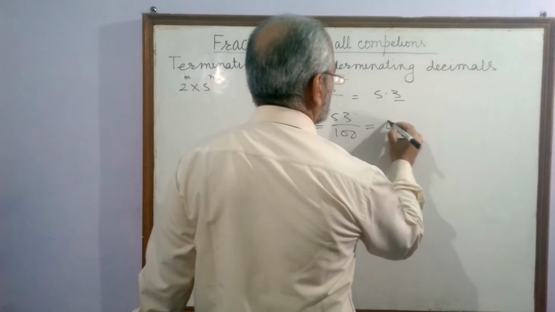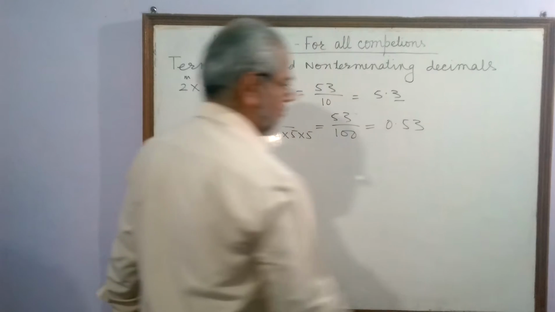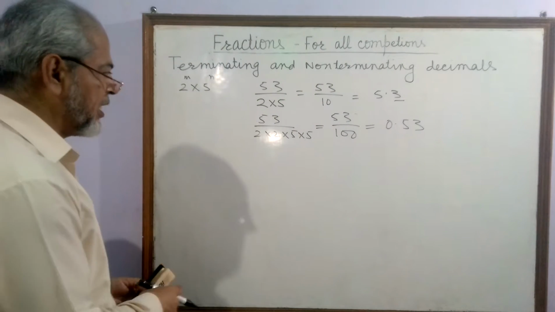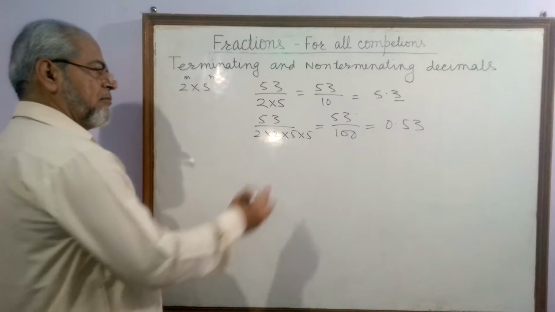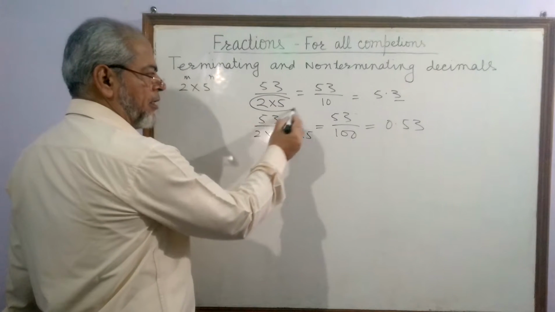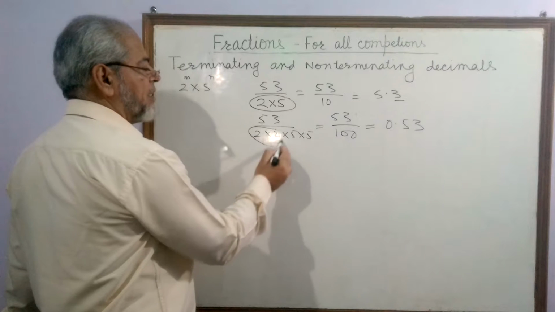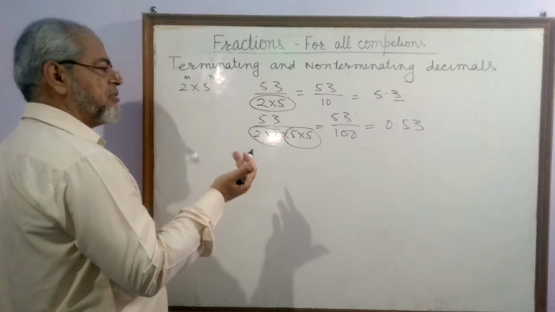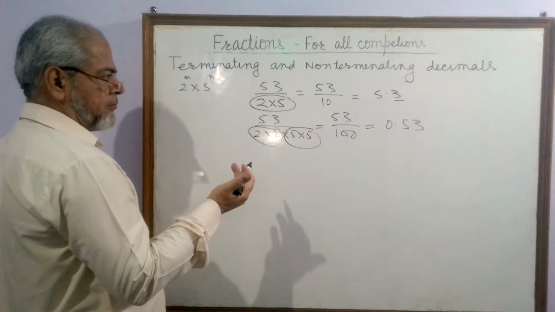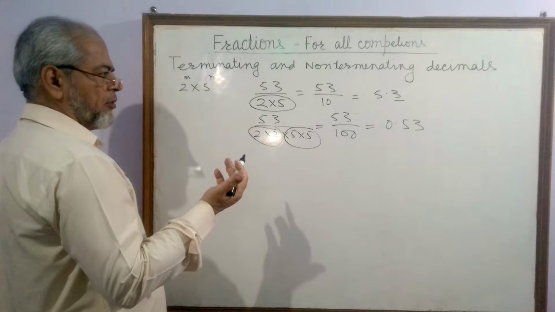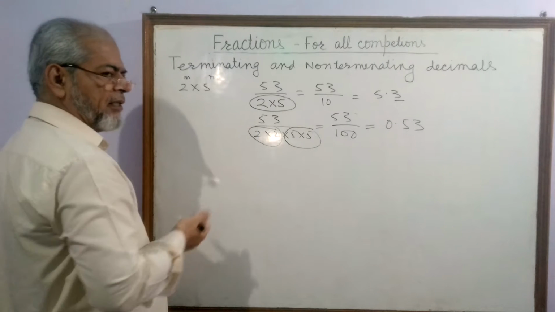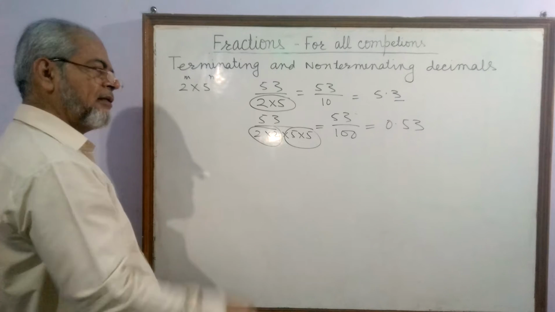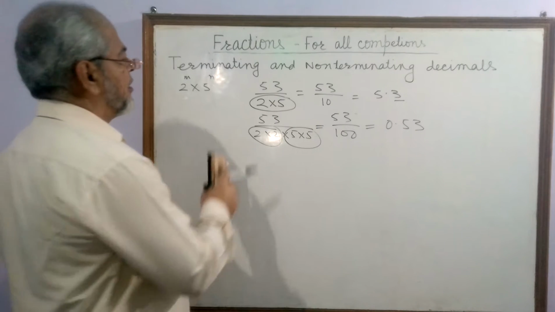So this will be equal to 0.53. So these type of decimals are terminating, and whenever you have 2 and 5 as factors of the denominator, it will always be terminating. हमेशा terminate हो जाएगा. गारंटी है इस बात की कि अगर 2 और 5 है तो ये लंबा नहीं चलेगा, ये खत्म हो जाएगा.